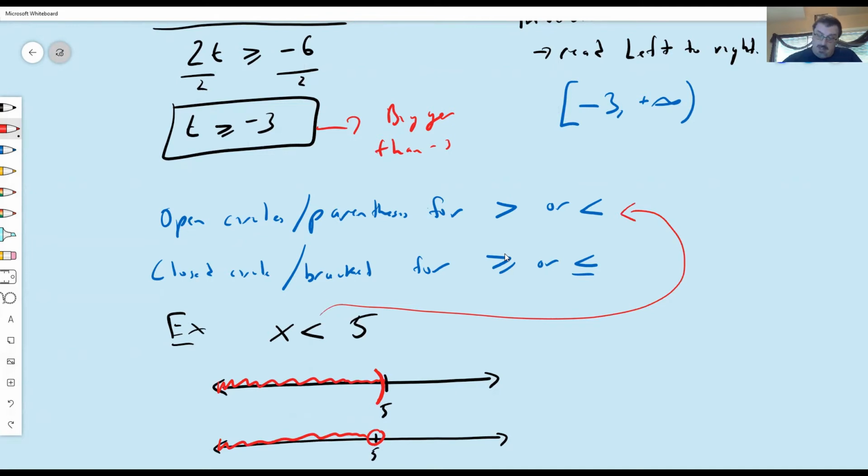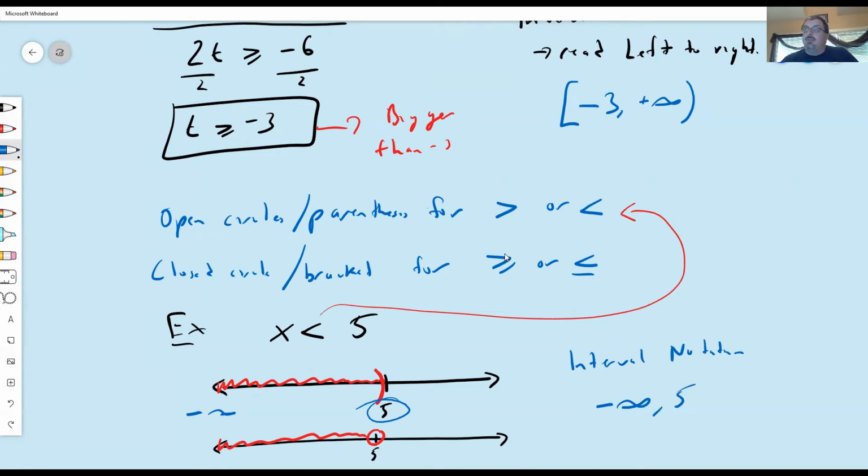And the last thing we'll do is interval notation. Now remember, it moves left to right. So my left side right here is minus infinity, and then go all the way up to the 5. So minus infinity to 5.